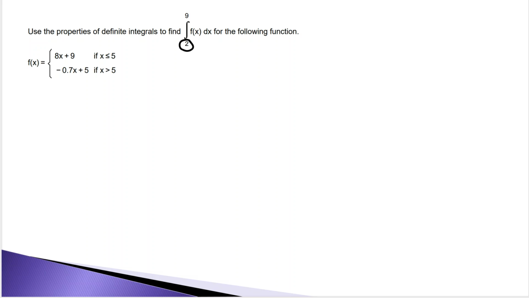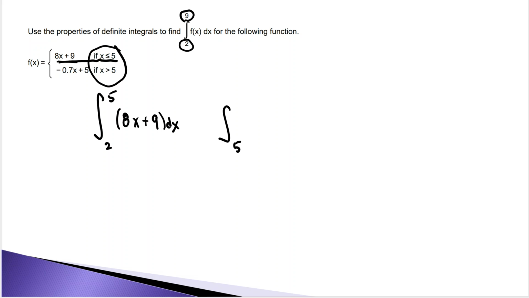Notice I need to integrate from 2 to 9, but this function changes formulas at 5. So you'll just integrate from 2 to 5, and you'll use the first function, and then you'll integrate the second function from 5 up to 9.